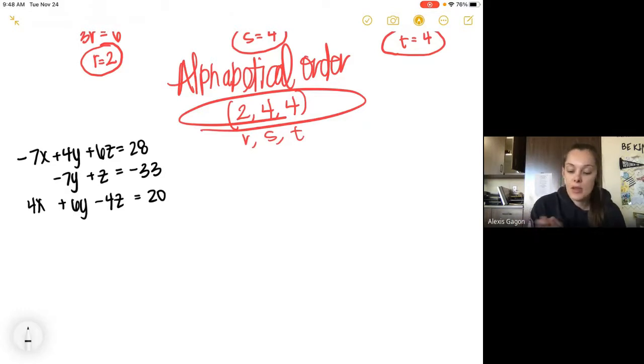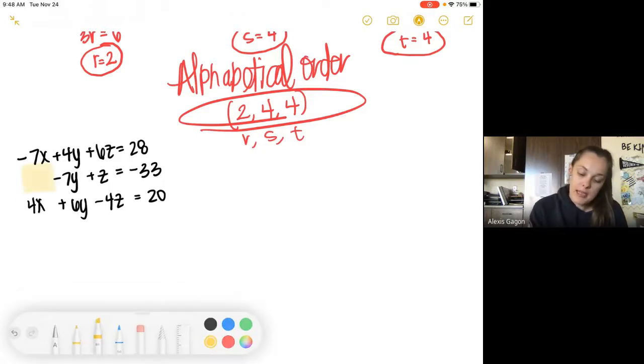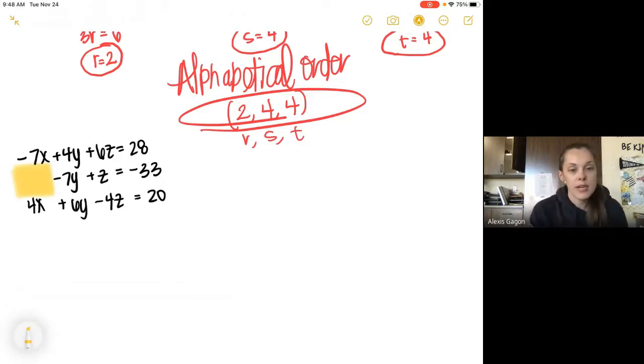Okay. Now notice here in that second equation, we are missing that x variable right there. There's nothing there, which honestly makes this problem a little bit easier for us.